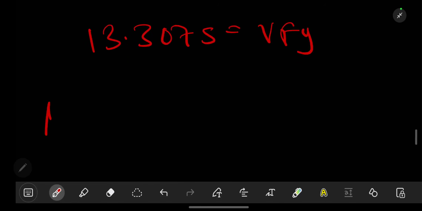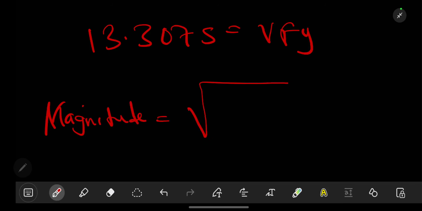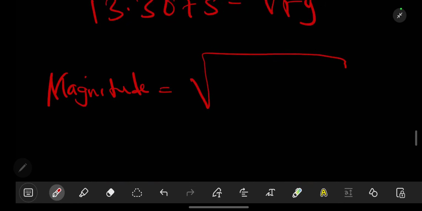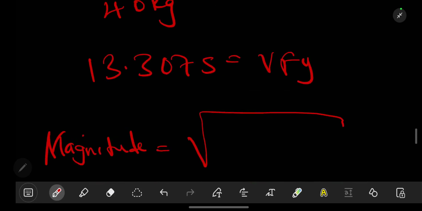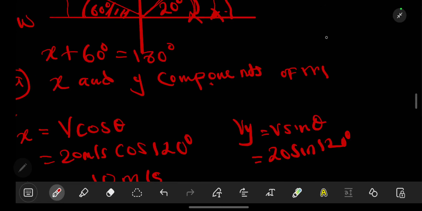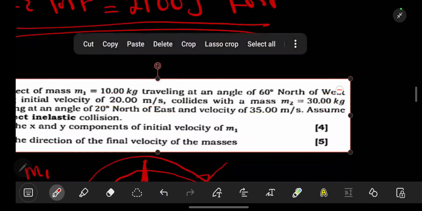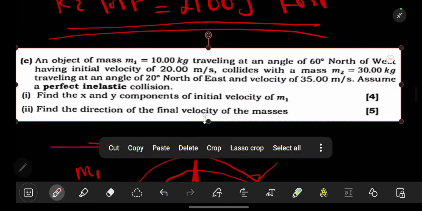Therefore, to find the magnitude, as long as you want the magnitude, it is the Pythagoras theorem. So you are going to say we want the velocity. First, let's look at what we have been told: the direction and the final velocity.